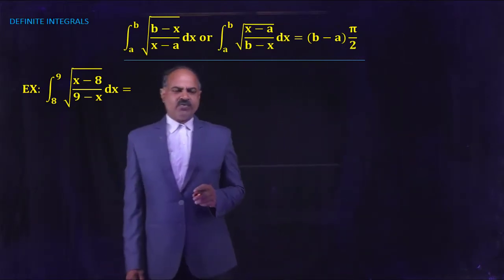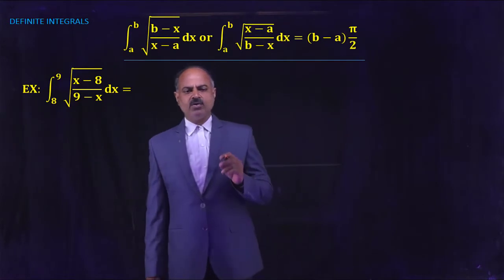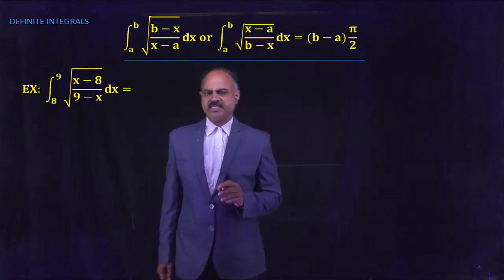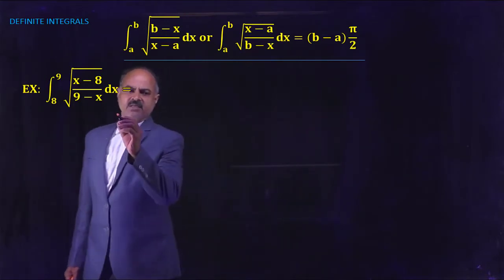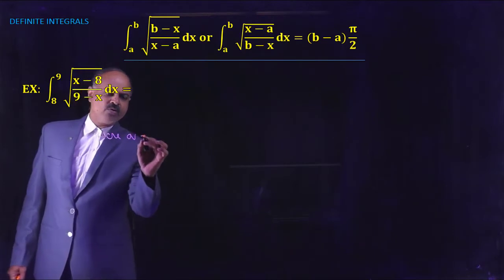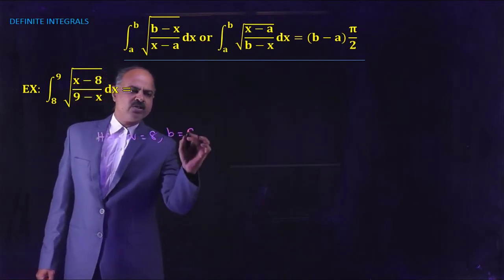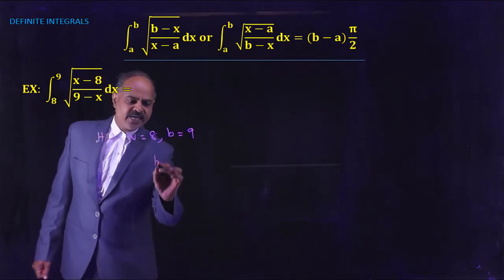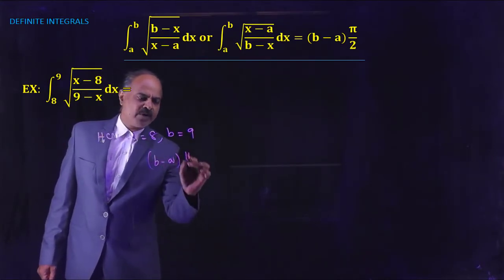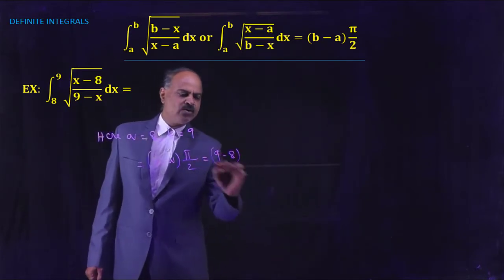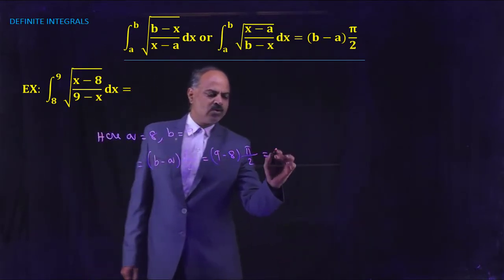Here suppose for example, integral 8 to 9 square root of (x minus 8) by (9 minus x) dx. Now here a equal to 8 and b equal to 9. So the formula is (b minus a) into pi by 2. So that is equal to (9 minus 8) into pi by 2, which is pi by 2.